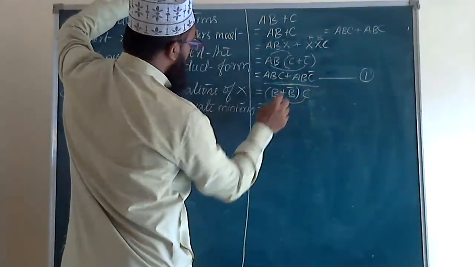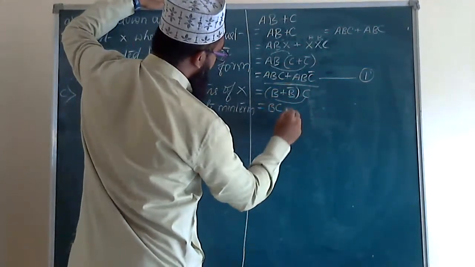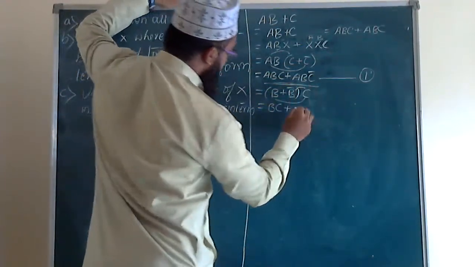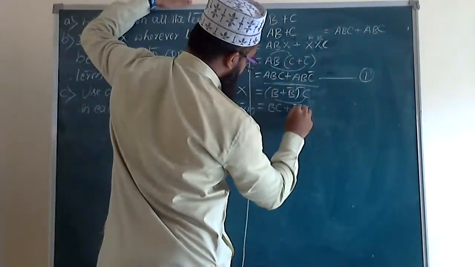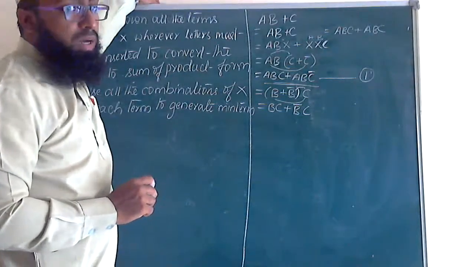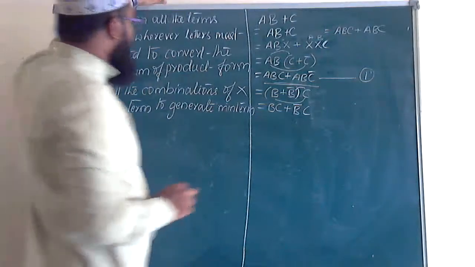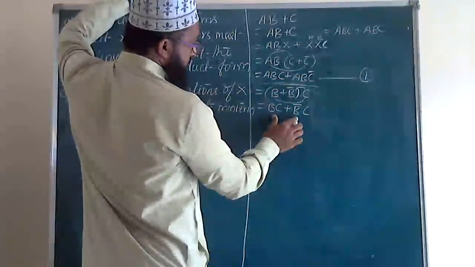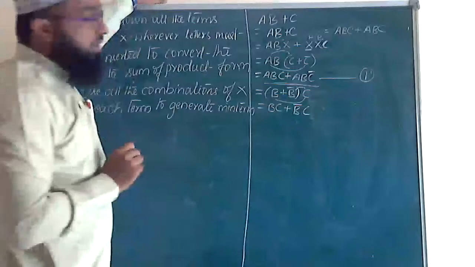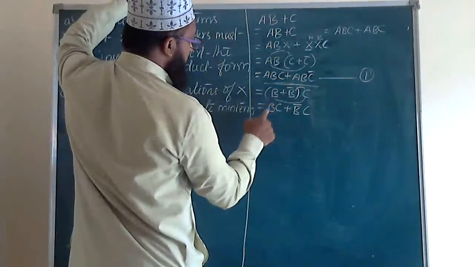Okay, C into B, which will become BC, plus C into B bar, which is B bar C. So BC plus B bar C. Then after that, for these two things I will take A. Here A is missing, here also A is missing.